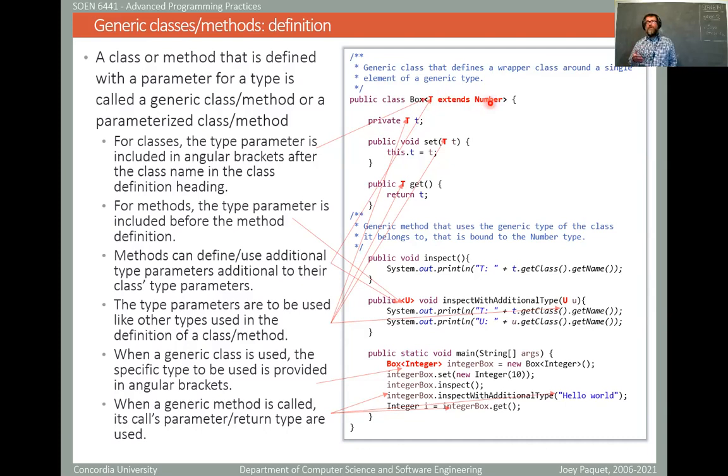If there is no bound, then the upper bound would be the class Object, so it would replace all occurrences of T by Object. That's what would happen with this one here, as it does not have any bound.